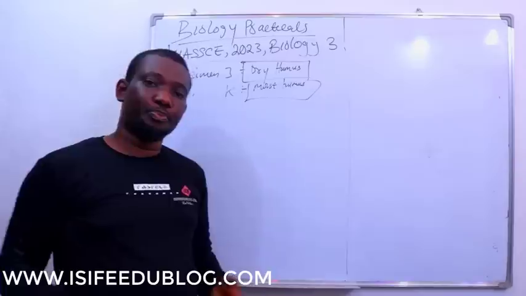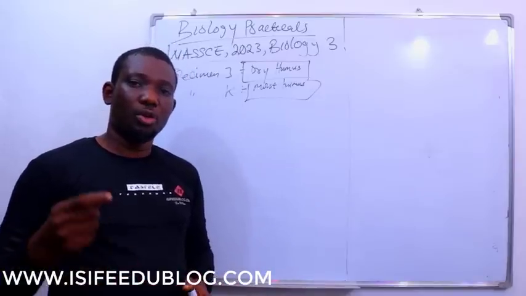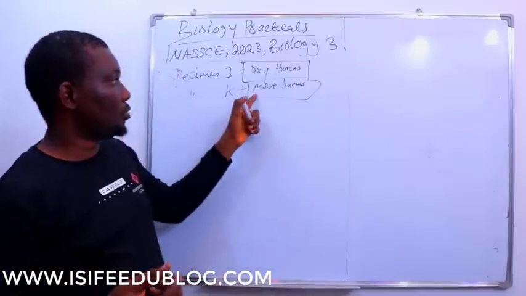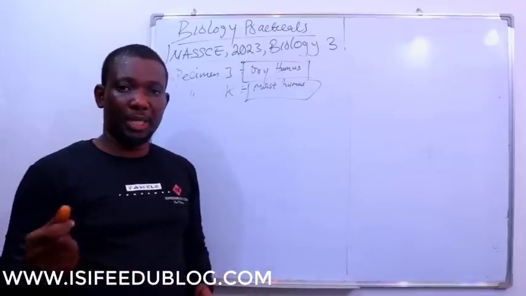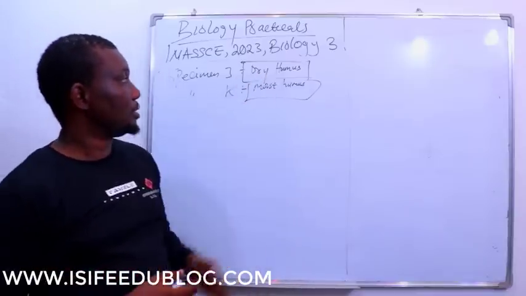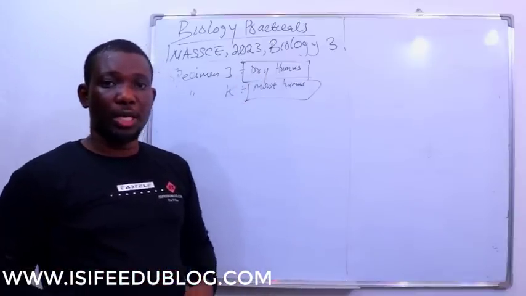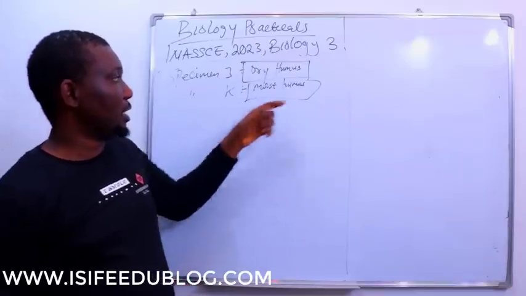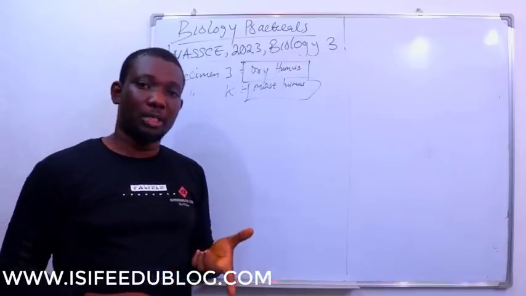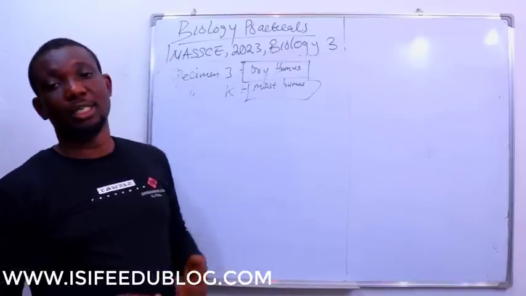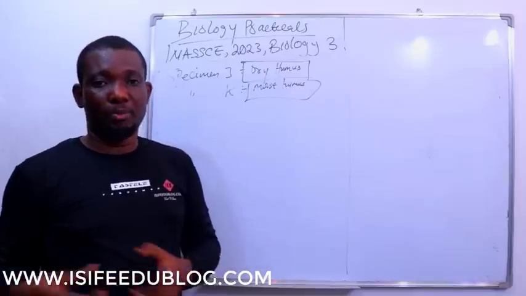Looking at the two, when you touch the moist one, it doesn't flake, unlike specimen J. So the economic importance of specimen K is that it is rich in microorganisms, it is also rich in nutrients, and they can easily be absorbed by plants.